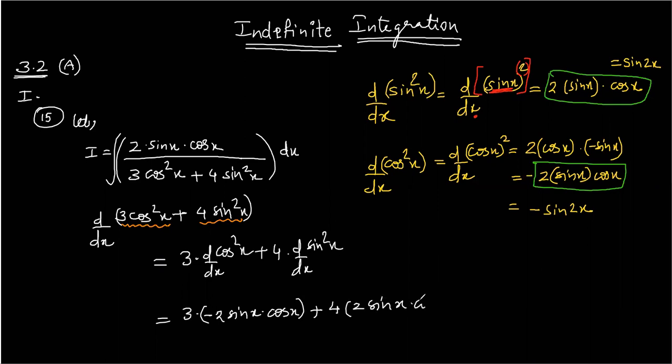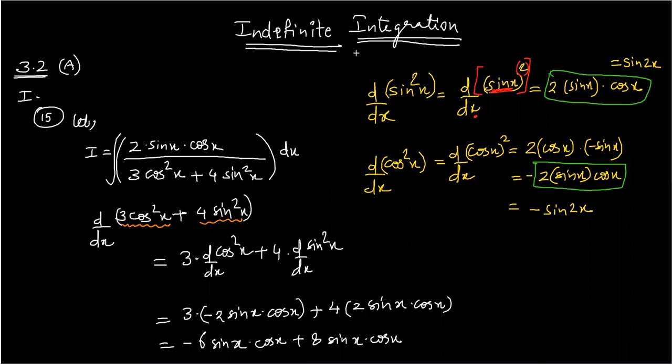So what do I get here? This is negative 6 sin x cos x, and this is 8 sin x cos x. So now you understand negative 6 sin x cos x plus 8 sin x cos x is equal to 2 sin x cos x.